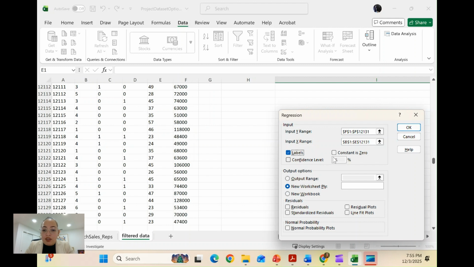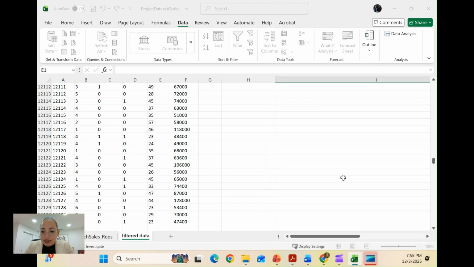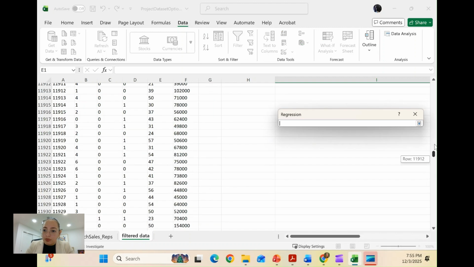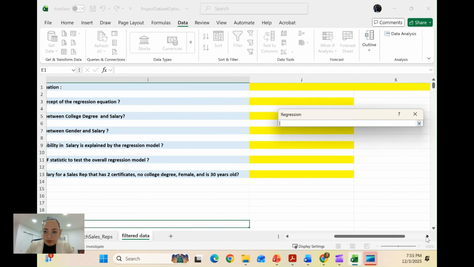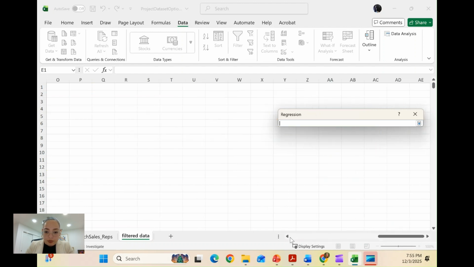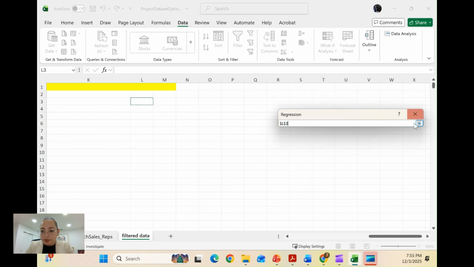I will keep the confidence level at 95, so my significance level alpha will be 5. And then let's set up an output range, let's put it here.